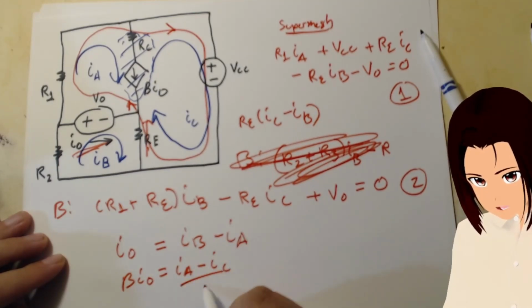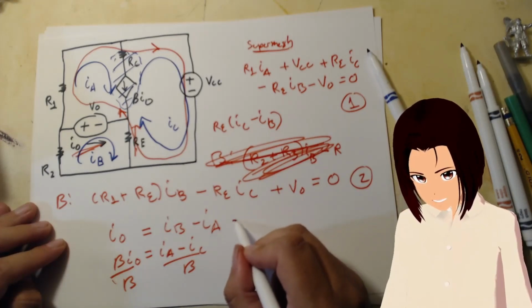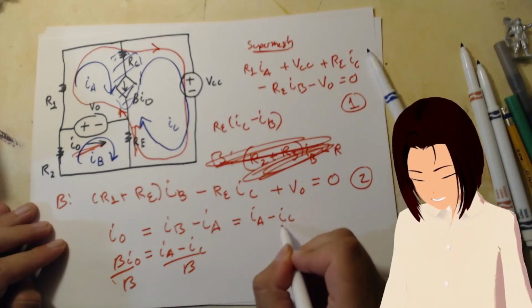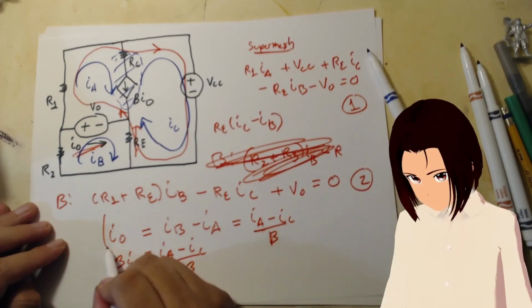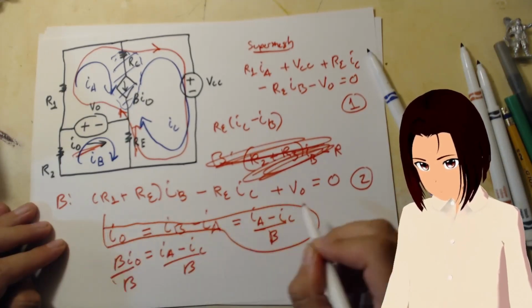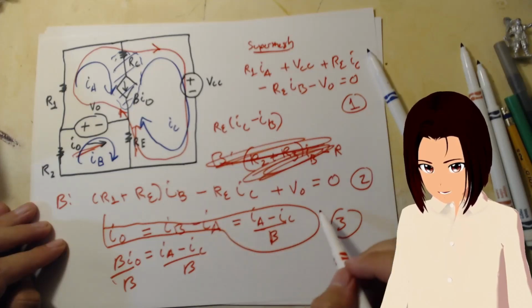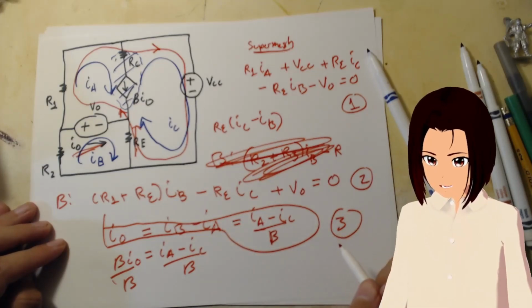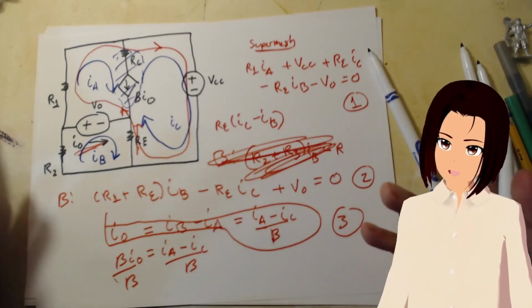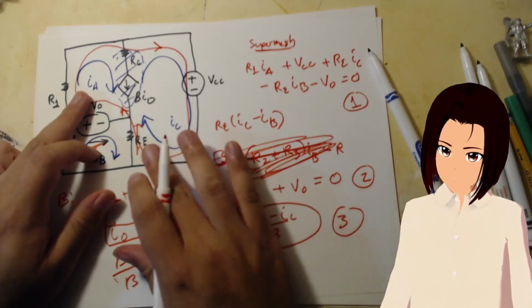So if I divide both sides by beta, basically this equals IA minus IC divided by beta. And this guy right here is our third equation. Yeah, I did a little funky, but that's our third equation. And that's it. 1, 2, 3. We got it. So we have our 3 equations and 3 unknowns, which are the mesh currents.